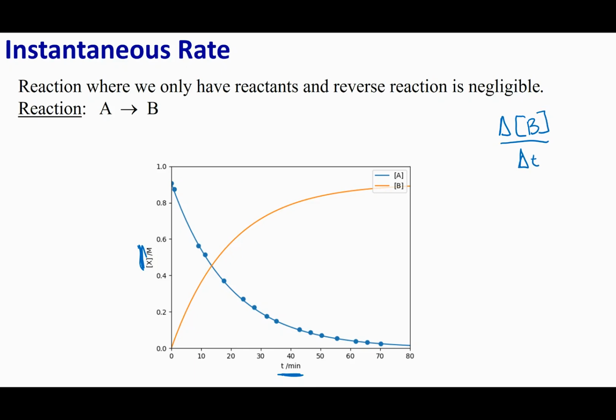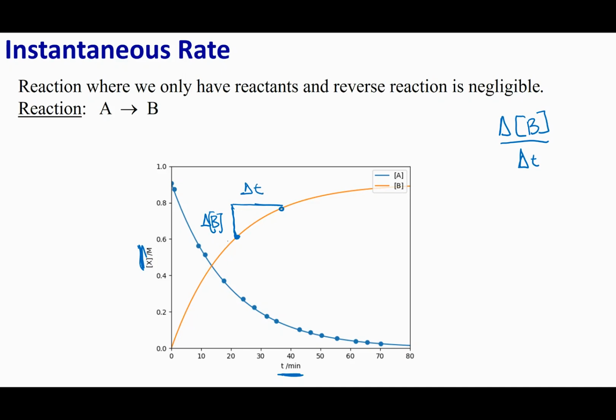And so if I were to try to put this on the graph right here, the change in concentration of B, let's just pick two random points. These 2 points right here. This line right here represents the change in the concentration of B. And then this line right here, that's the change in time.